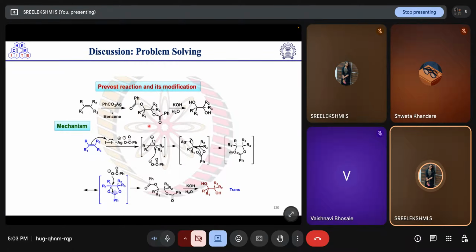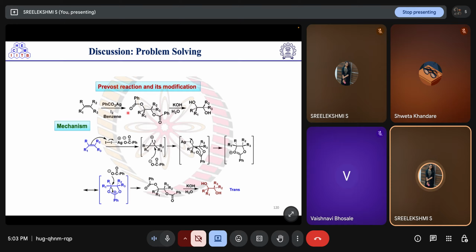What is forming first is a dibenzoate. Both the carbons forming this alkene will first be converted into a dibenzoate, which upon hydrolysis using a base will give the corresponding diol. So this is the Prevost reaction: alkene is converted into this diol by using a silver salt.